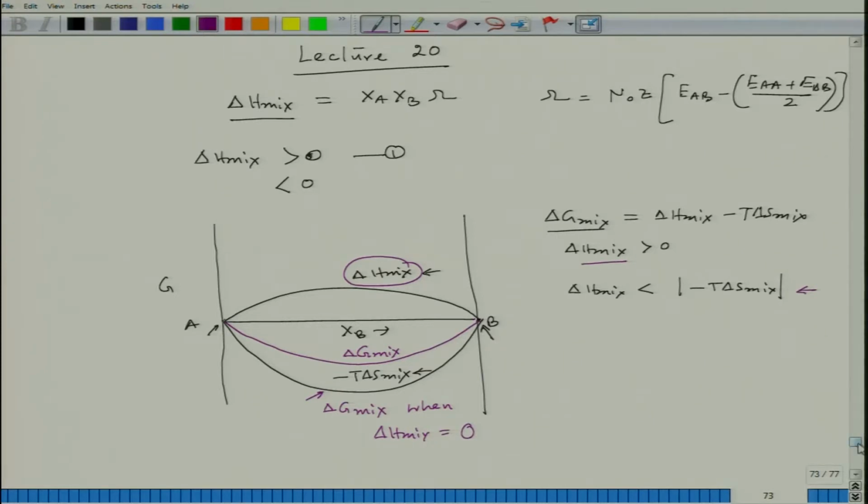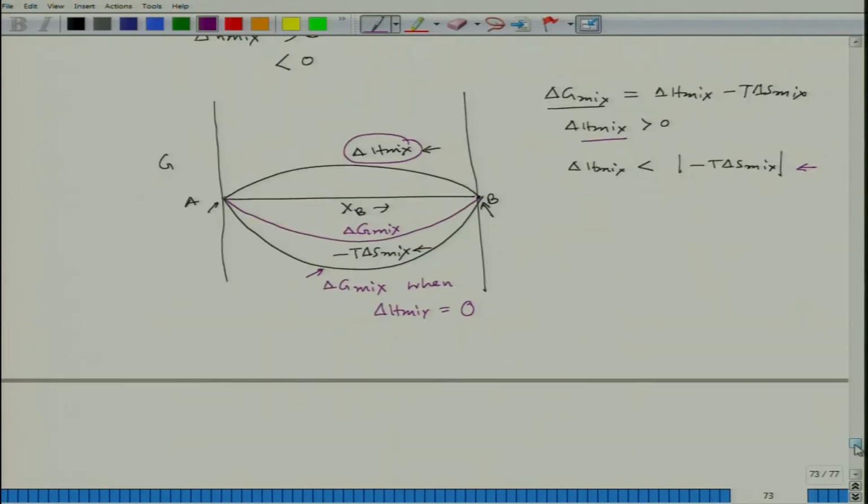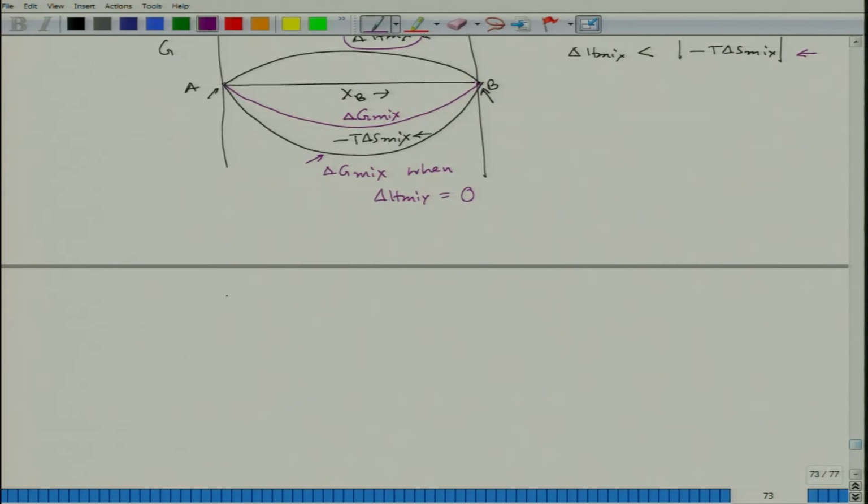But the situation would be a little more complicated if the graph nature is like this.